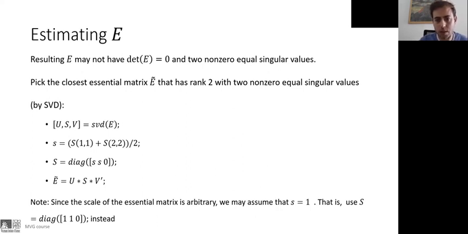Again, why don't we have to have the 2 singular values the same? There is a proof for that. Because you have a cross product matrix multiplied by a rotation matrix. If you take a general 3x3 skew symmetric matrix and multiply by the rotation matrix, you can prove that this matrix will have 2 identical singular values.